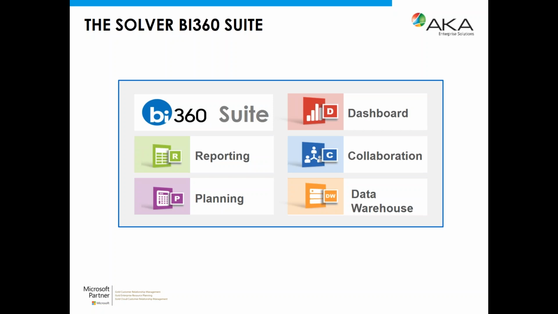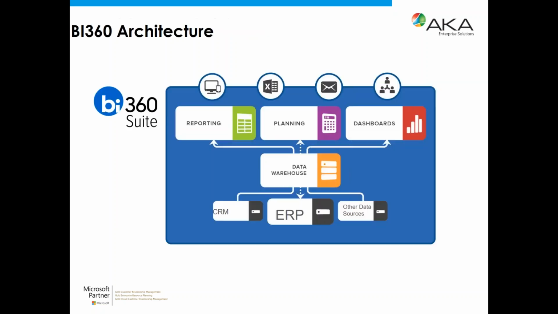Go ahead to the next screen. If you look at our architecture slide, and that's been around a while, the key is the ERP data there at the bottom center. That allows us to take live data, that's the dotted line there, and for reporting and sometimes planning, access that live GP or AX or whatever else data. But then also we have the option of that data warehouse.